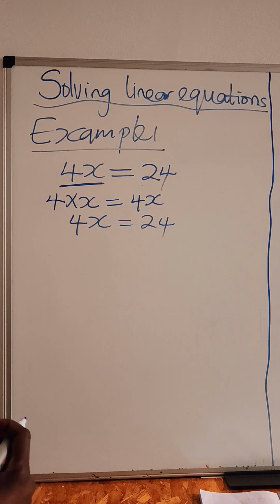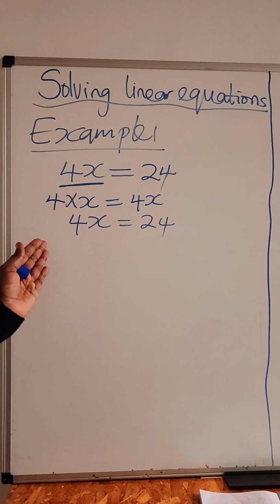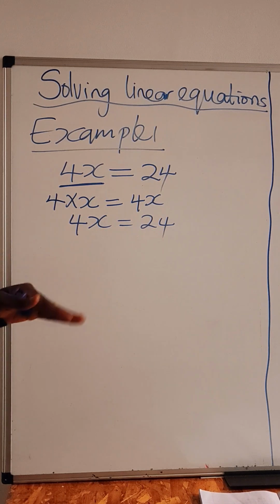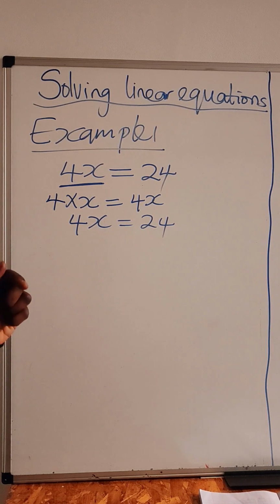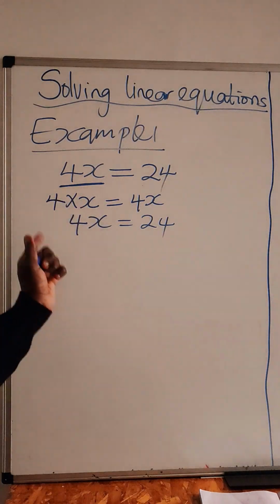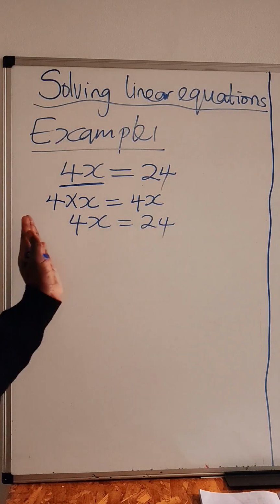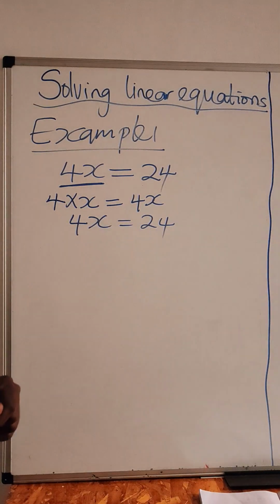So the next thing to do to get rid of this 4, which is in a multiplicative relationship with x, is to introduce a divisible of 4. That is, divide both sides by 4. And remember from my last video, whatever you do to the left-hand side, you repeat the same thing for the right-hand side.